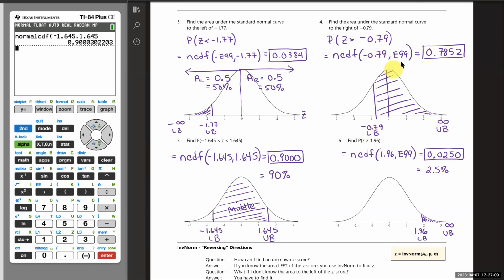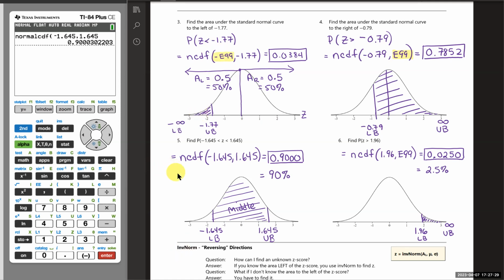So the thing to always keep in mind here is when you have shading to the right, the upper bound is infinity. When you have shading to the left, the lower bound is negative infinity.